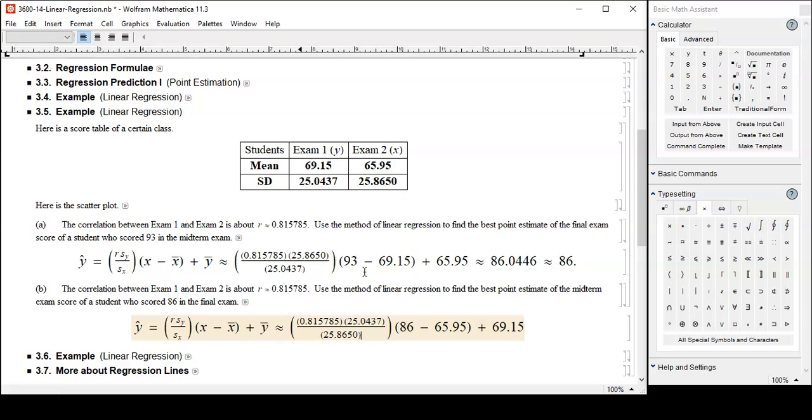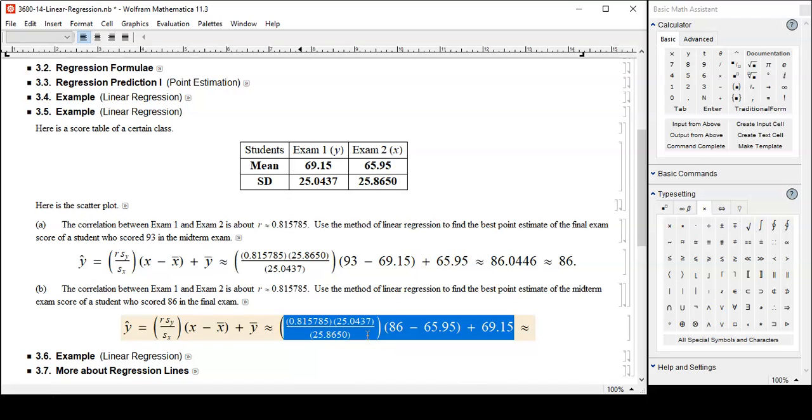Compared with the previous computation, this and that were reversed, and this one and that one are reversed, and that one is adjusted accordingly from the problem. Instead of 93, I have 86. Otherwise, I'm using the same formula, the same computation method. So let's finish this computation.